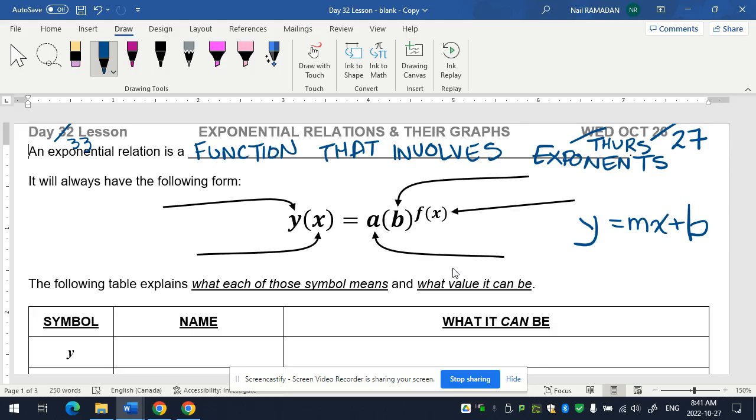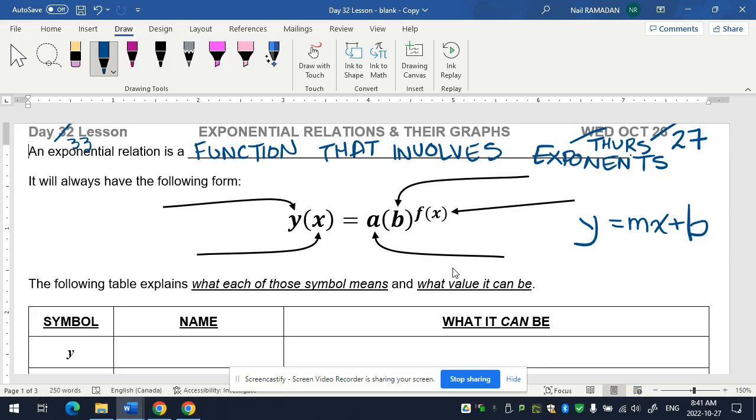Okay. Would this be a line or a curve? We just said it's a line. Everything is either a line or a curve. If it's not a line, it must be a curve. Can you call this an exponential relation? Does this involve an exponent? Who says that this involves an exponent? And by the way, if you say yes, you have to tell me what the exponent is. Hala, go ahead.